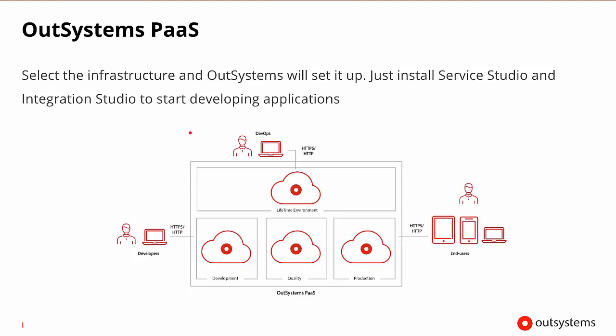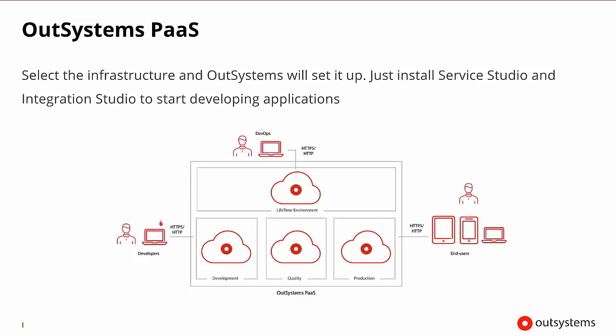So if we think about the infrastructure itself, if we select to use OutSystems as a platform as a service, then we basically will select the type of infrastructure we want to use, and OutSystems will set it up in the cloud for us. All we have to do is install Service Studio and Integration Studio and begin developing our applications.